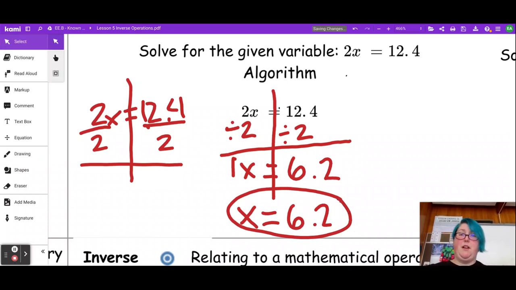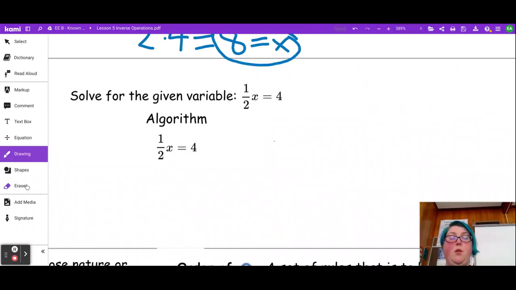Same answer as above. Now, when we have 1/2 x equals 4, when we solve with the algorithm, we still start the same way. We're still going to draw the line. Now, this is division, so the opposite is multiplication. The opposite of the fraction is the inverse, the flip of it.